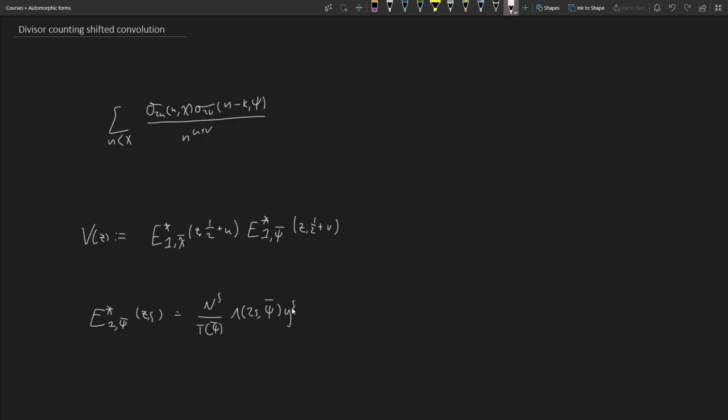This is times y to the s, and then you have the sum over n not equal to 0 of 2 times the absolute value of n to the 1/2 minus s, σ_{2s−1}(n, ψ), again using the usual convention that this means the absolute value of n, and then the Whittaker function y to the 1/2, K_{s−1/2}(2π|n|y) e(nx).